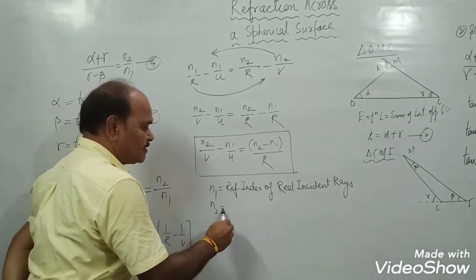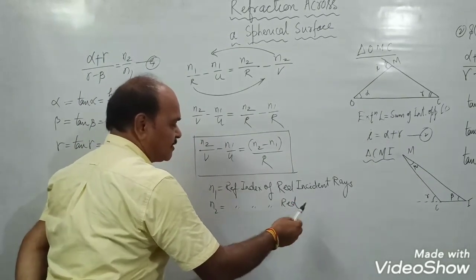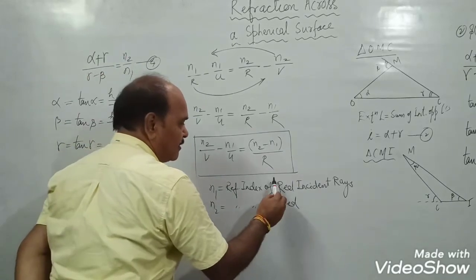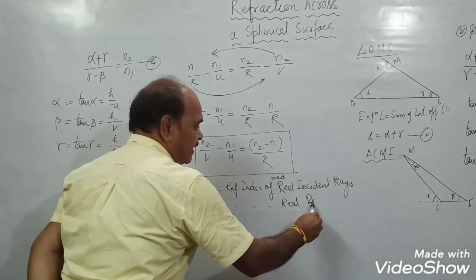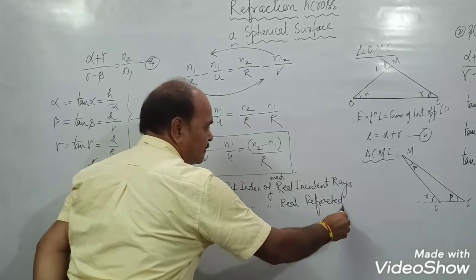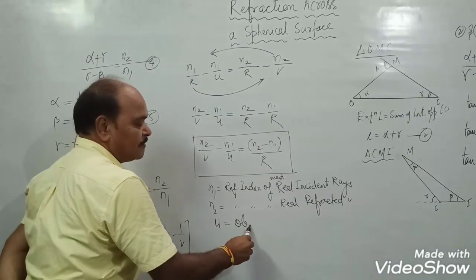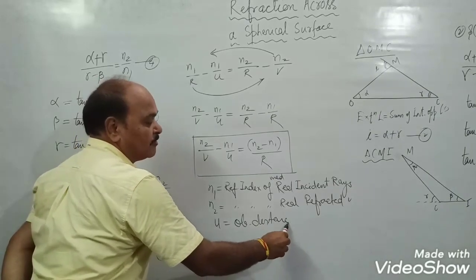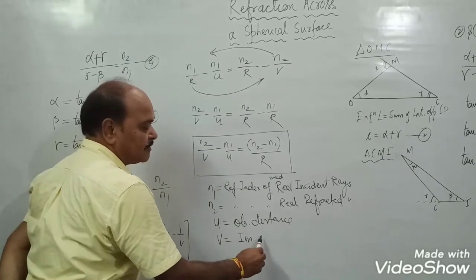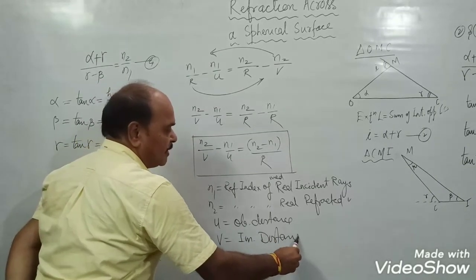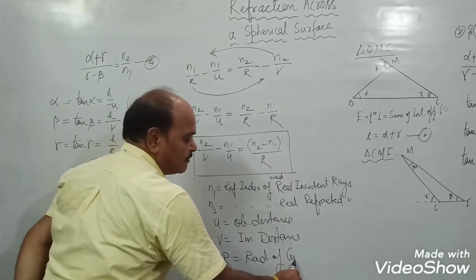N2 is the refractive index of the medium of the real refracted rays. U, you know, is object distance. We have to find out the sign of object distance using the sign convention. V is image distance, and R is radius of curvature of the spherical surface.